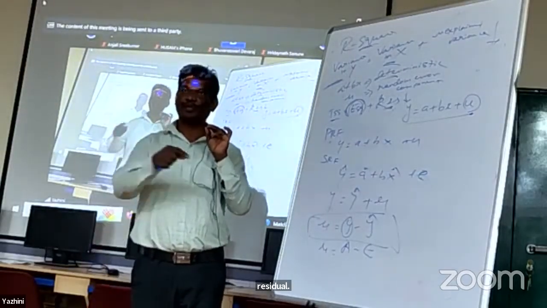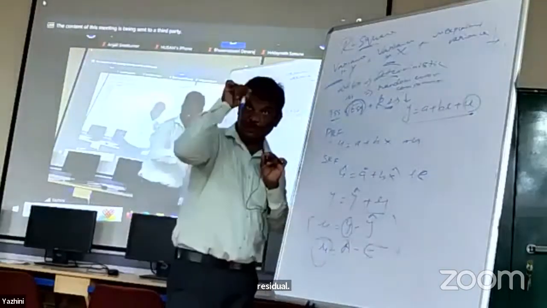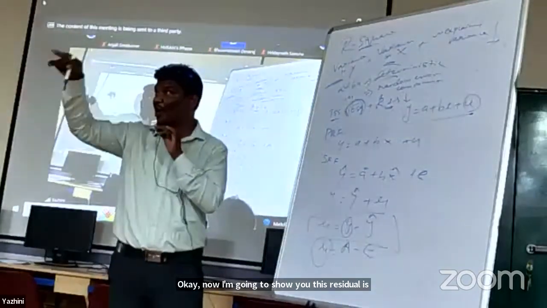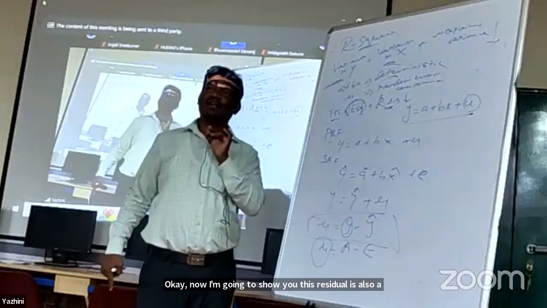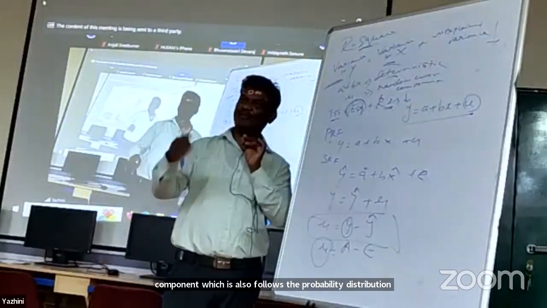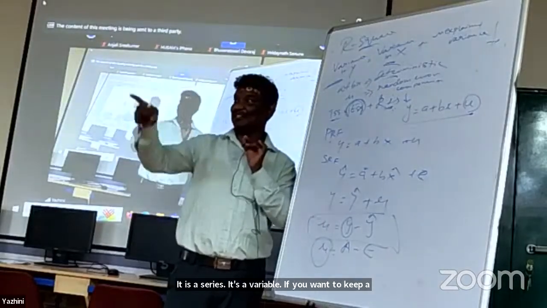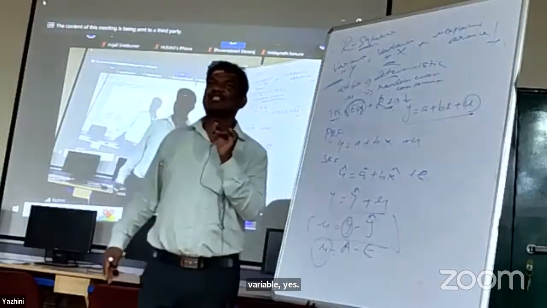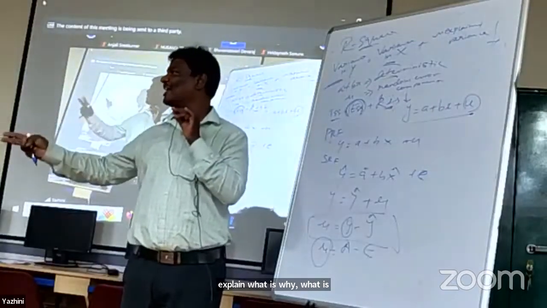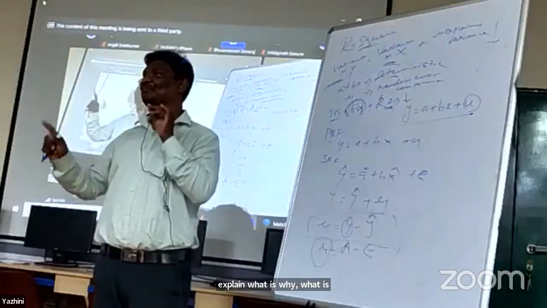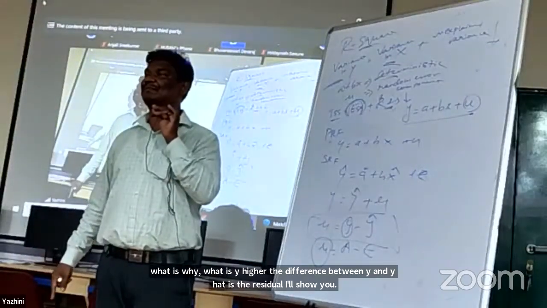Okay, now I am going to show you that this residual is also a component which follows a probability distribution. It is a series, it's a variable. I will estimate and explain what y hat is. The difference between y and y hat is the residual. But why am I explaining this?